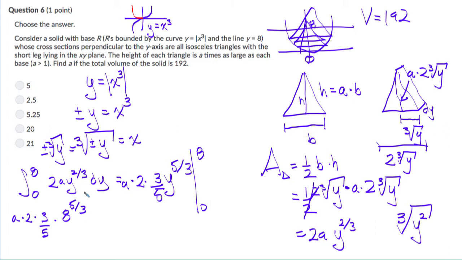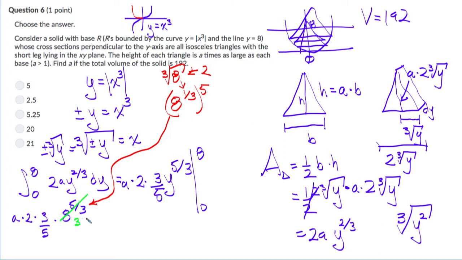By the way, this 8 to the 5/3 is really 8 to the 1/3 to the power of 5, and as we all know, 8 to the 1/3 is the cube root of 8, which we also know is just 2. So 2 to the power of 5. 2 to the power of 5 is 32. So this whole thing is 32.